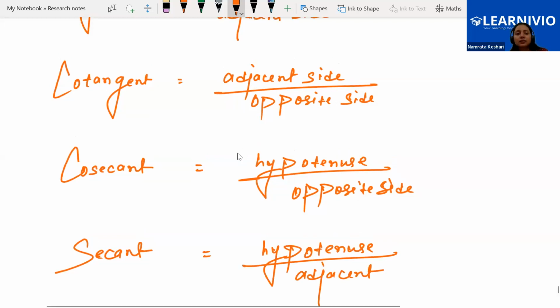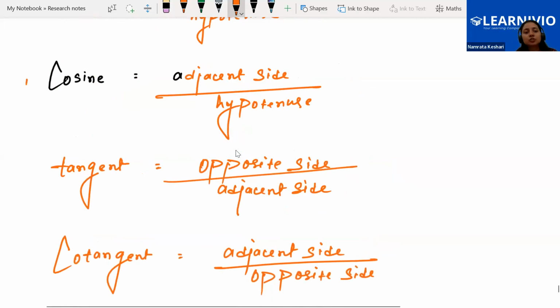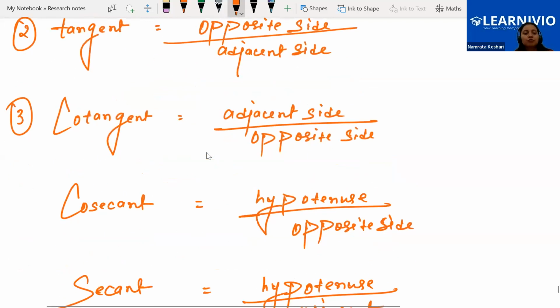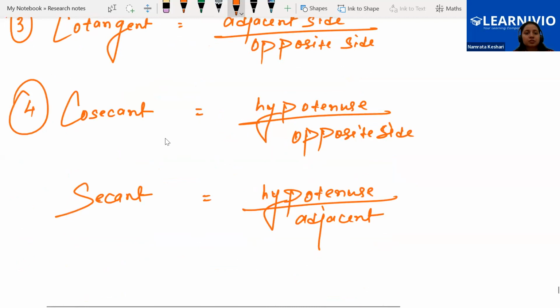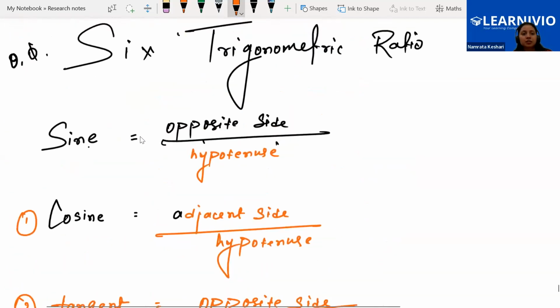Now see, total six ratios we are having. 1, 2, 3, 4. Wait. Am I missing anything? Oh yeah, sine I have not numbered.